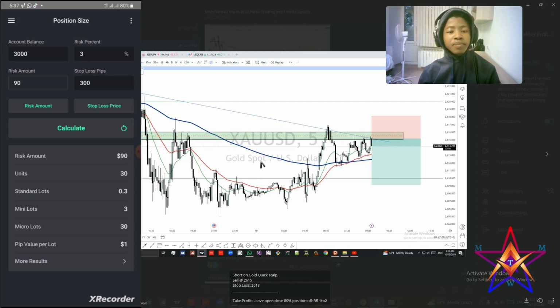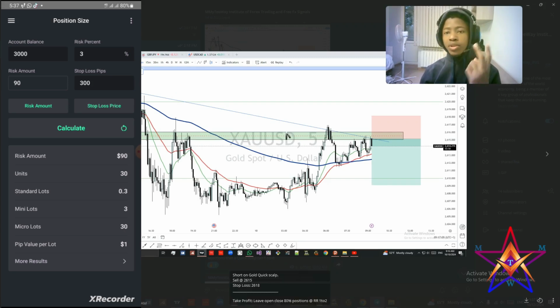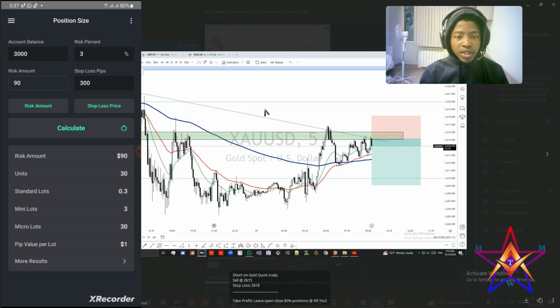Or let's say the signal is GBP/JPY, pound versus Japanese yen, and then you enter pound versus US dollar. What do you think is going to happen? There are two different pairs with two different directions and two different analyses. You are going to lose. So you must make sure that what you are entering is written gold versus US dollar.